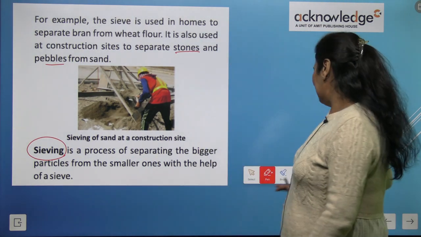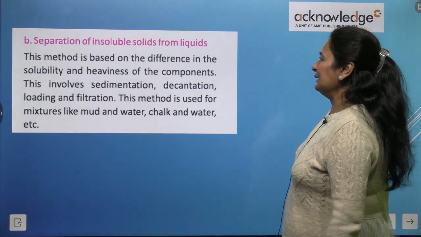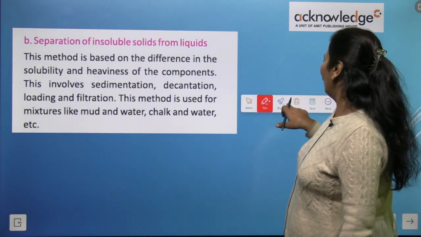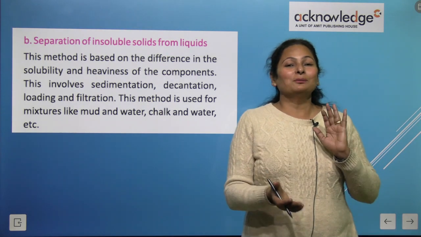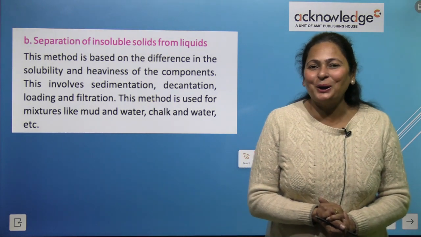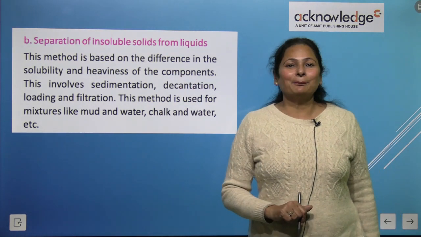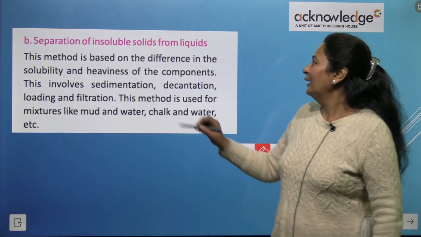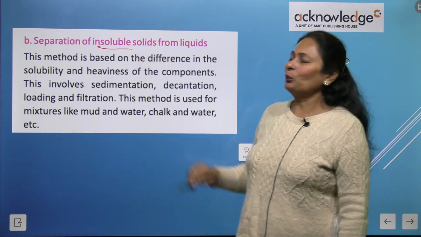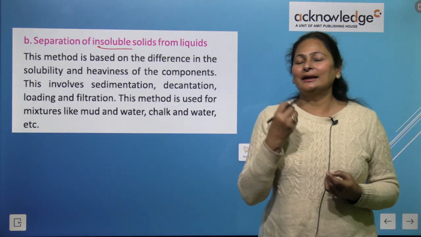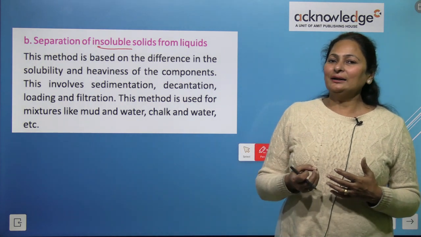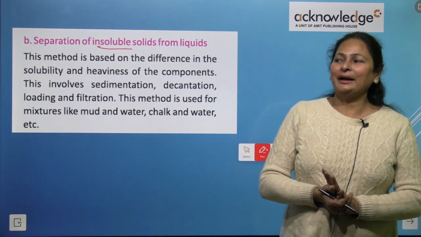Got it, kids? Now let's see. We have understood the four methods of separation from solid to solid. Now the separation of insoluble solids from liquids, the solids that are not dissolved in the liquid, right? So we can separate them.